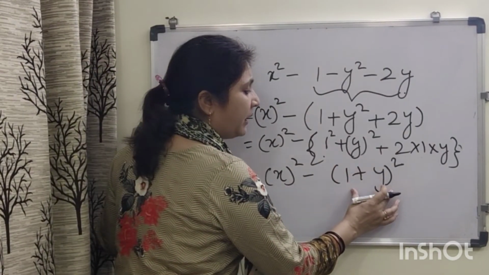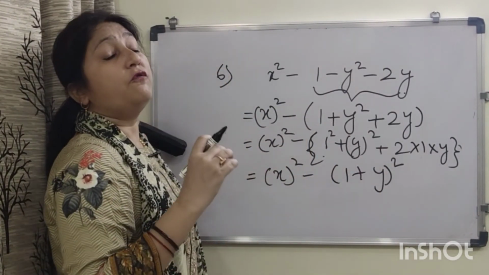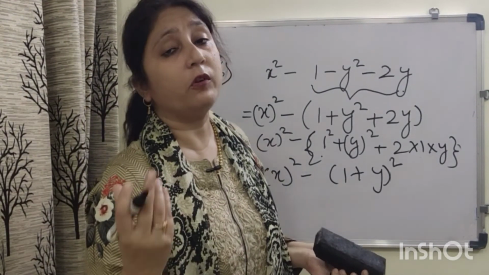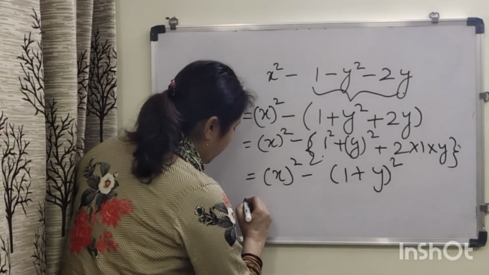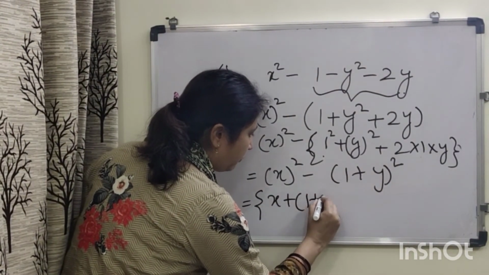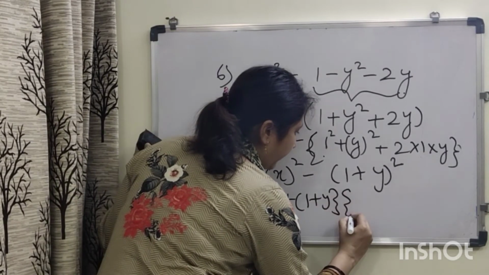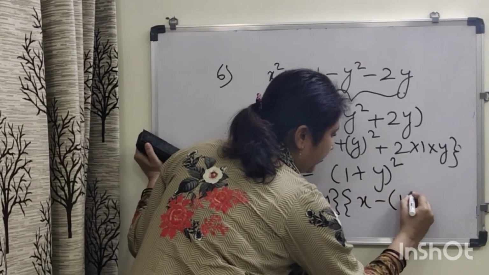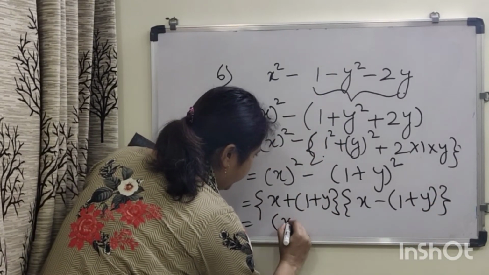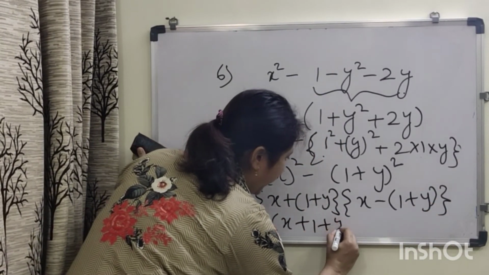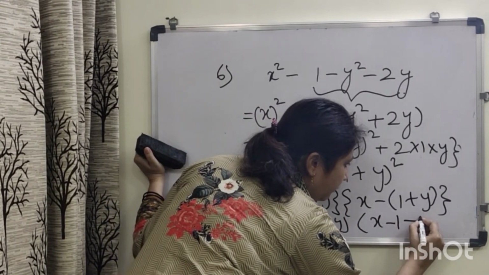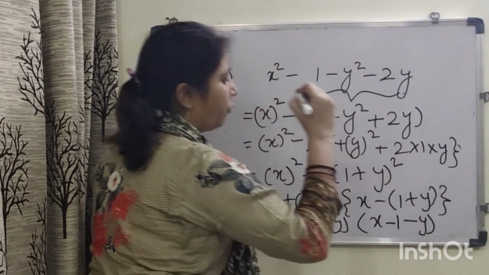Again, your binomial is at the second place. When you use the identity A square minus B square, minus is going to affect it. So we use curly bracket: (x plus 1 plus y)(x minus 1 plus y). Now open this bracket, you will find it is x plus 1 plus y, but in the second one it is going to change the sign of y.